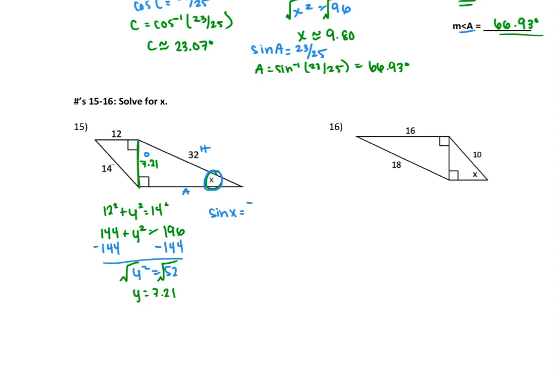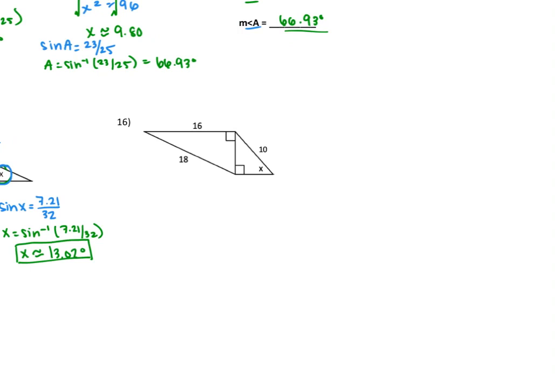So sine x equals 7.21 over 32. And then we're going to use inverse sine. So sine inverse, 7.21 over 32. So you get 13.02 degrees.